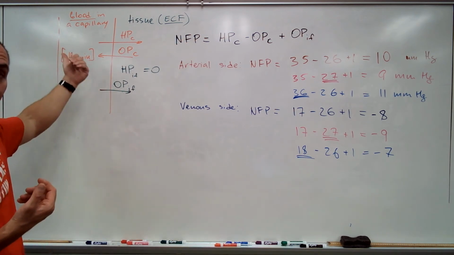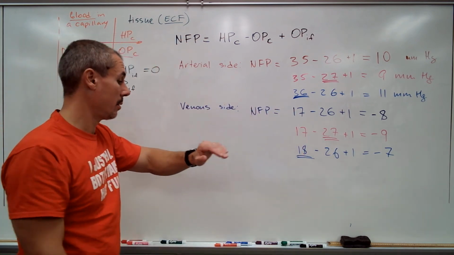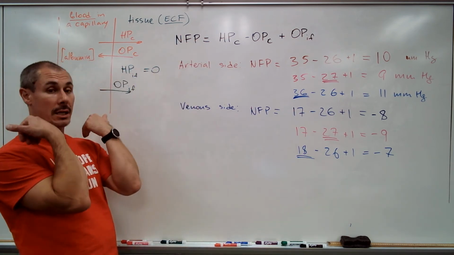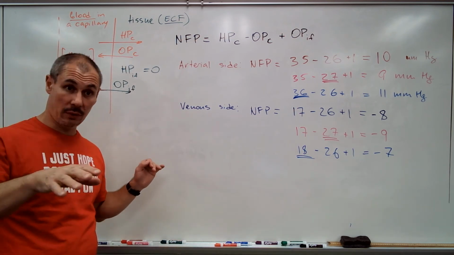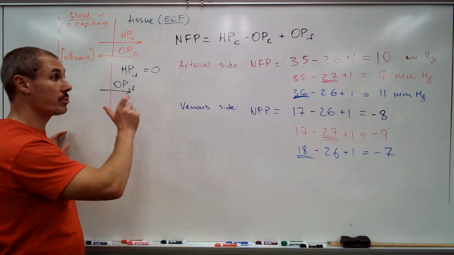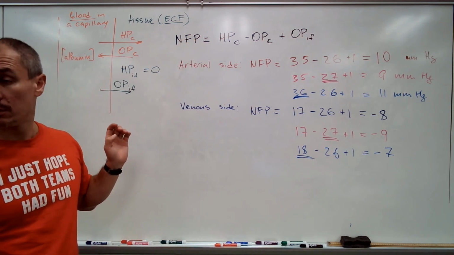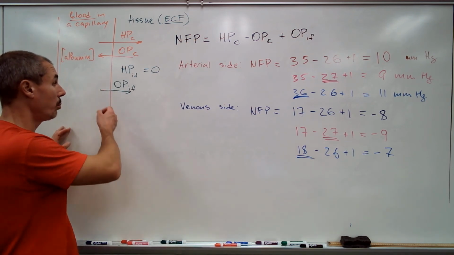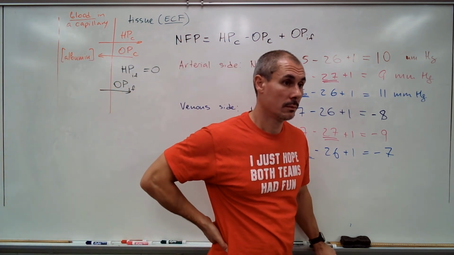So hydrostatic capillary pressure pushes the fluid out of the capillary. Osmotic pressure pulls the water back into the capillary. There is a little bit of protein in the interstitial fluid, which will produce some very small osmotic pressure. Does that make sense? So it will pull the water into the tissue. Okay?